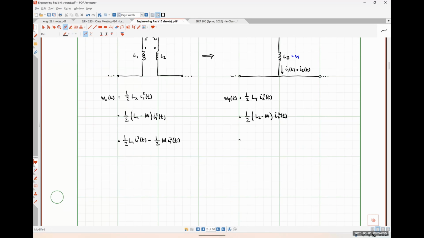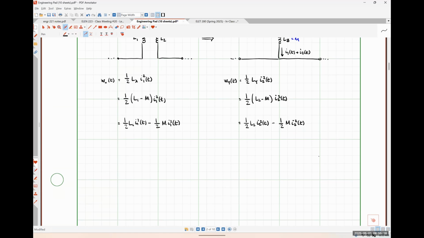And then lastly, we would have 1/2 L2 I2 squared minus 1/2 M I2 squared. Okay.